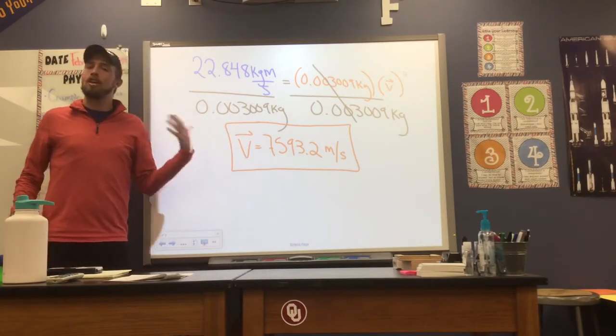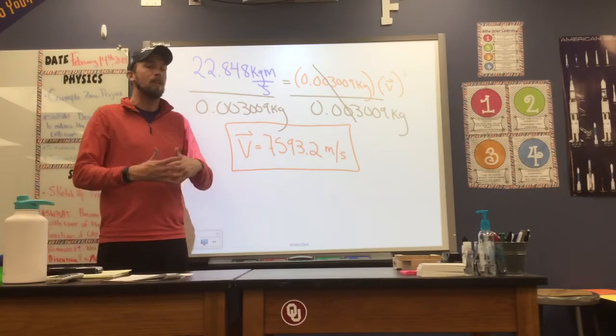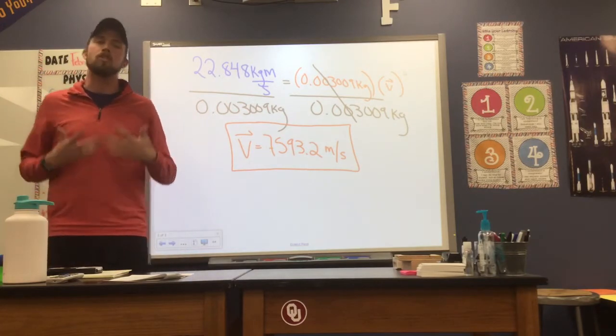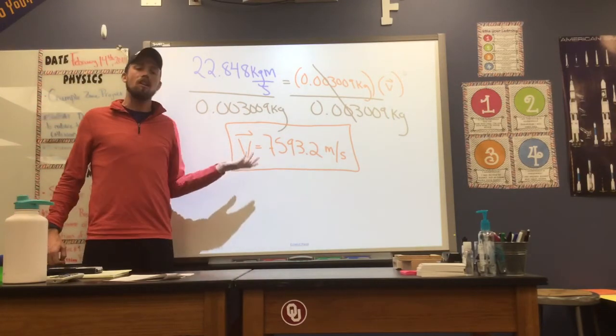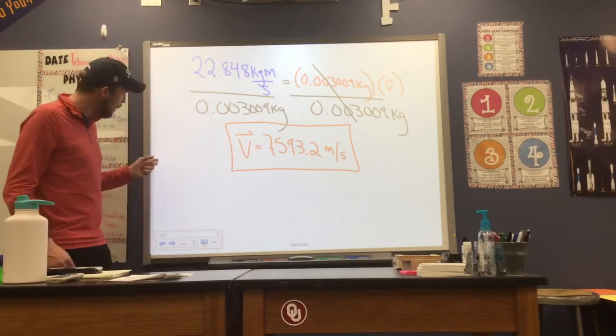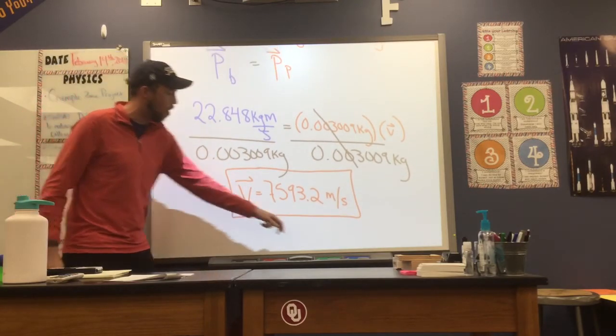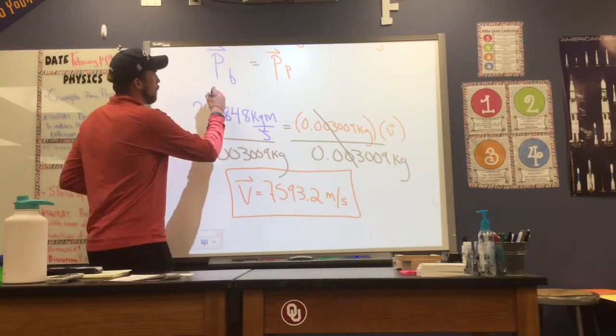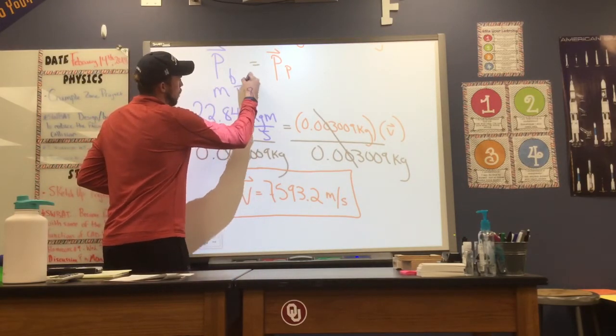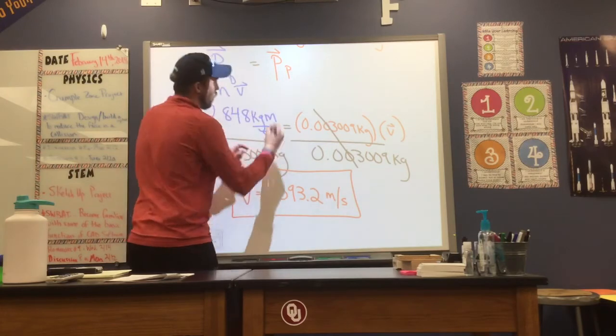I talk about this a lot in class, but when we get very large or very small numbers, we have to think, is there a context for why that's occurring? And here, there is. Our momentum for the ping pong ball has to match our momentum for the bowling ball. Remember, momentum is a product of mass and velocity.